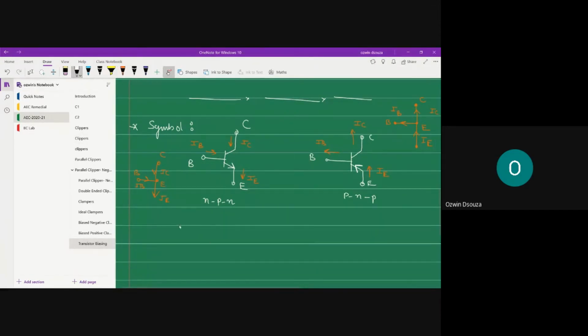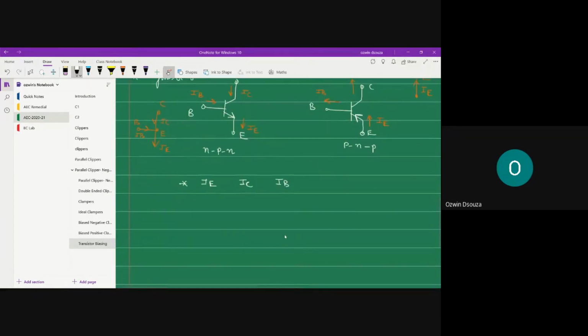Now, while drawing the device symbol, I have drawn three currents: IE, IC and IB. Now what are these three currents? They are the currents which flow through their respective semiconductor layers.